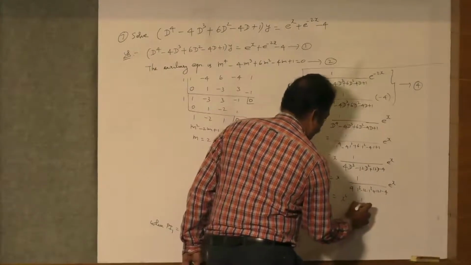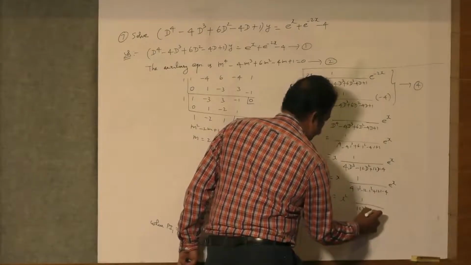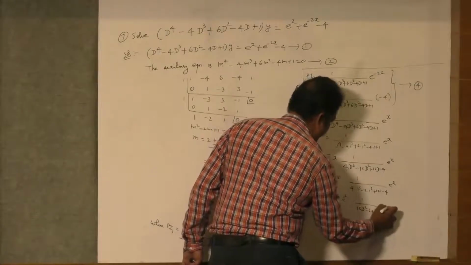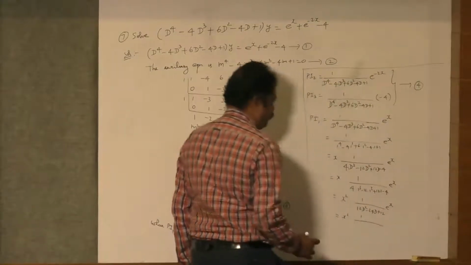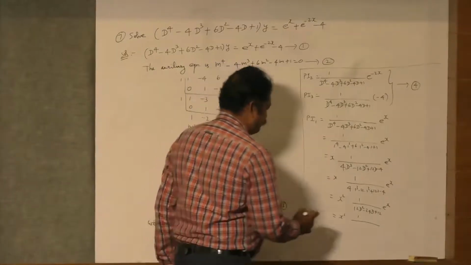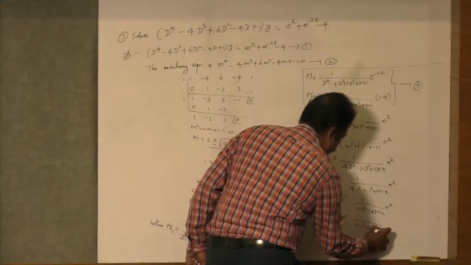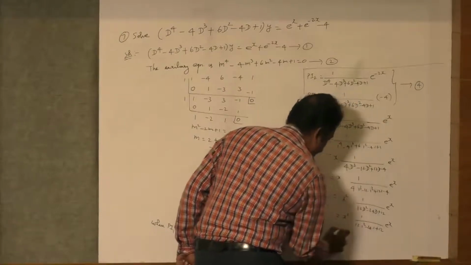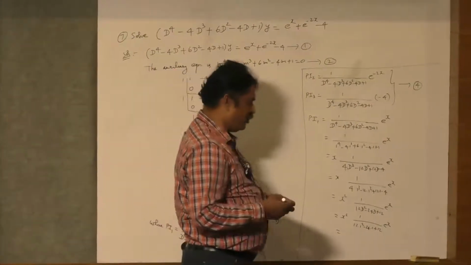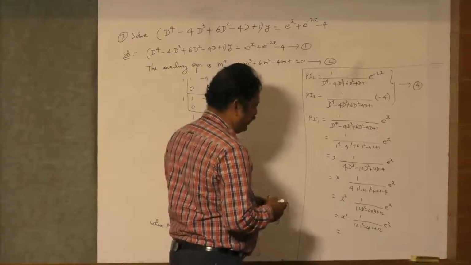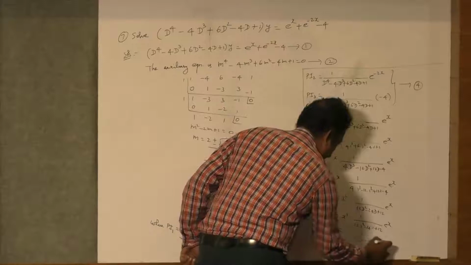X square into 1 divided by 12d square minus 24d plus 12, e power x, which is equal to x square into 1 divided by 12 into 1 square minus 24 into 1 plus 12, e power x. Again we get failure. 12 plus 12, 24 minus 24, 0. Again we get 0 in the denominator.